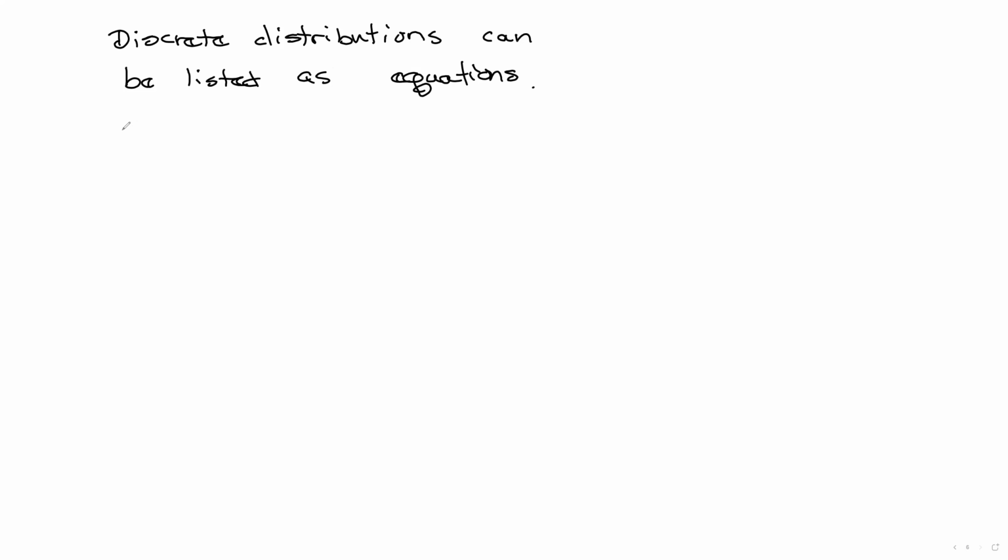All right, so suppose we're modeling a couple having children. And they want to have children until they have a girl. What's the probability distribution for the number of children they would need to have?